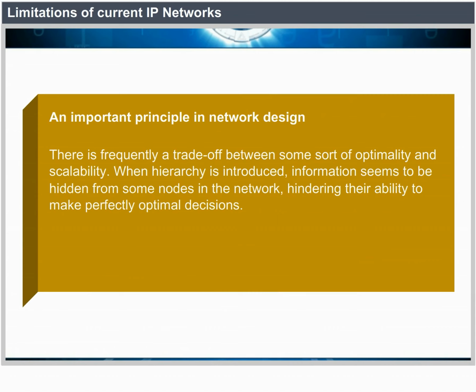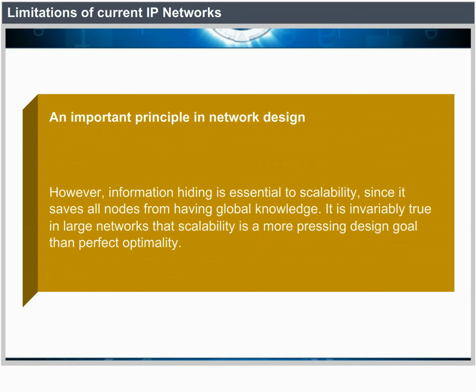When hierarchy is introduced, information is hidden from some nodes in the network, hindering the ability to make perfectly optimal decisions. However, information hiding is essential to scalability since it saves all nodes from having global knowledge. It is invariably true in large networks that scalability is a more pressing design goal than perfect optimality.